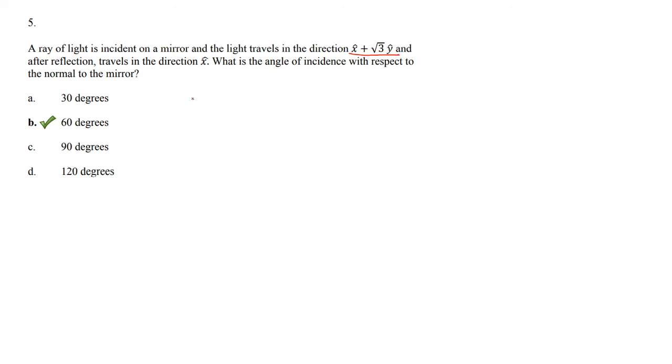So let us take it as a vector: A vector equal x cap plus root 3 y cap, and the reflection vector is x cap, so B vector is equal to x cap, given.